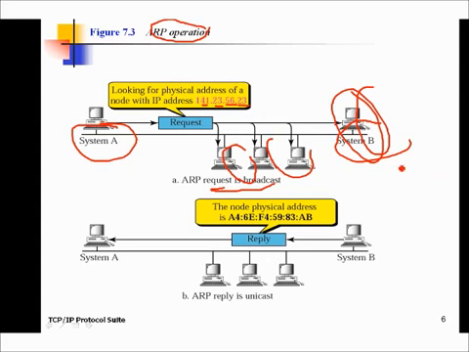System B sends an ARP reply packet that includes its physical address. Now system A can send all the packets it has for this destination using the physical address it received.